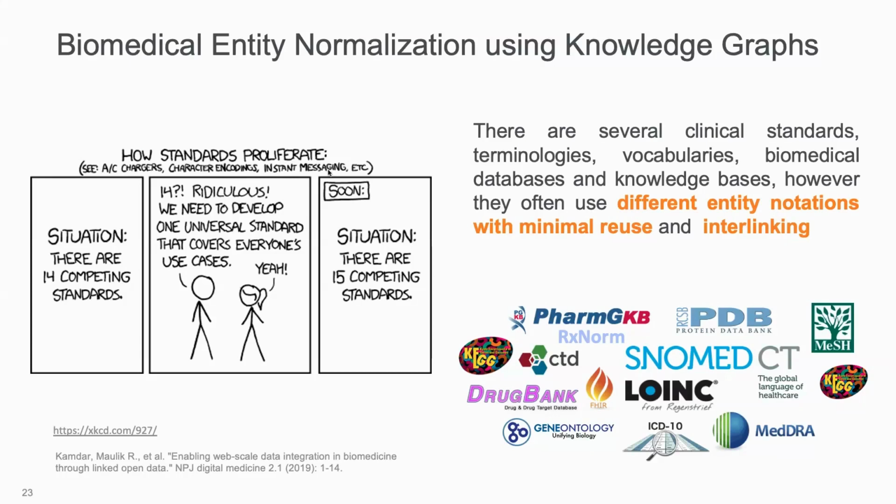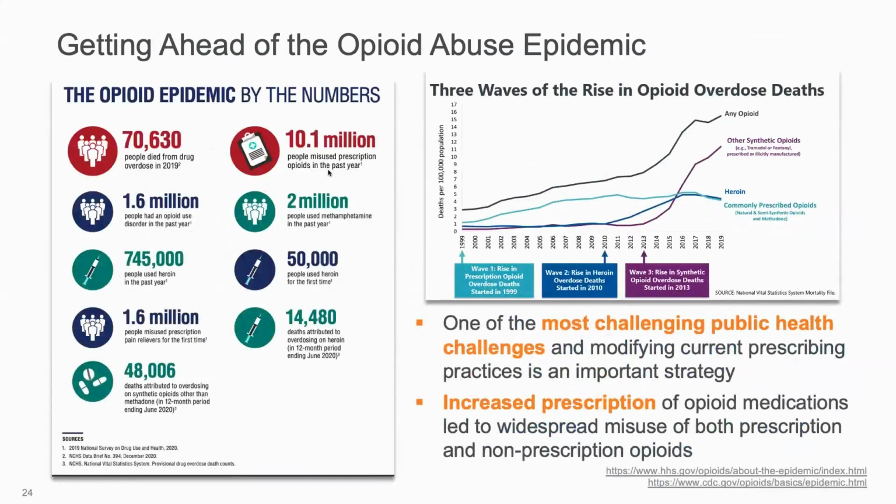So you might have drug information present in PharmGKB, RxNorm, DrugBank, the Comparative Toxicogenomics Database, and so on and so forth. But all of these might use completely different entity notations to represent the same drug across the different sources.